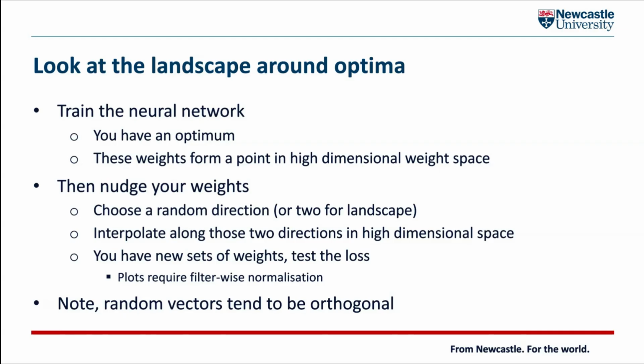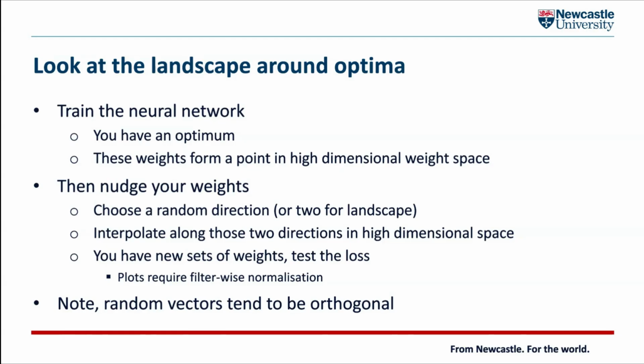And then what you're going to do is you're going to look at all the W's. That's your theta, all the weights in your network. And you're going to choose two random directions in this really high dimensional space. And what you're going to do is now you have a plane, and you're going to interpolate along those points.